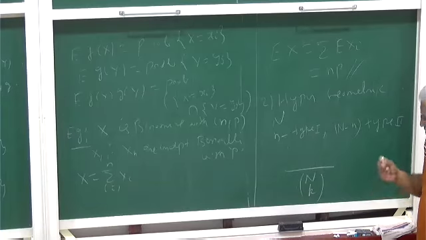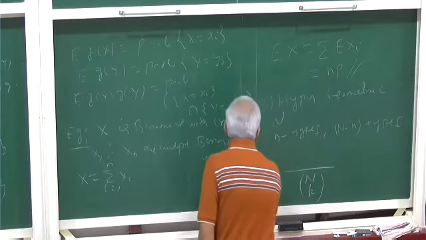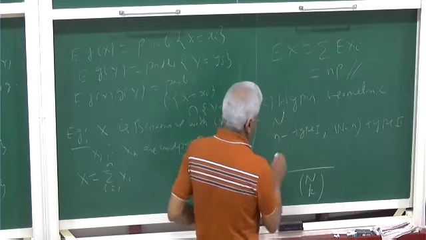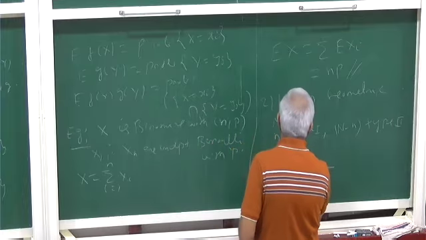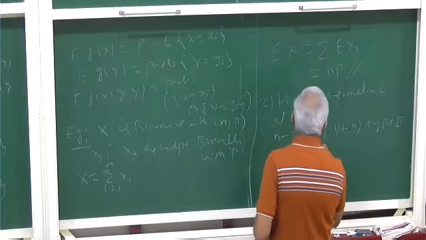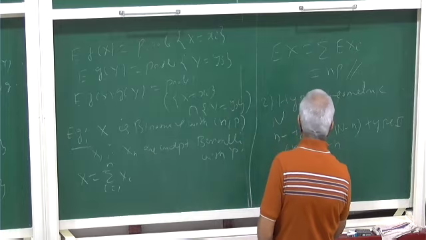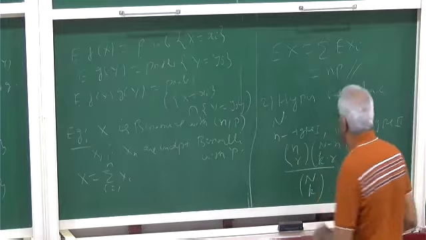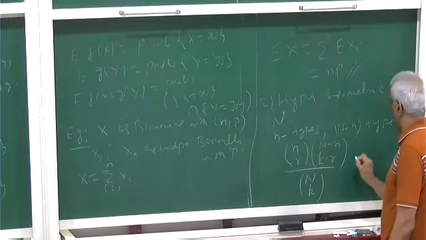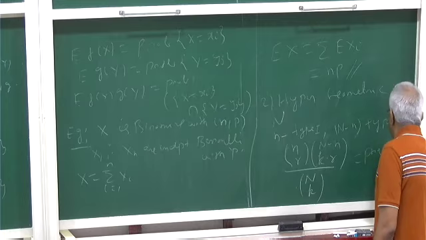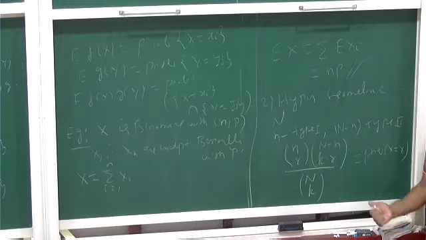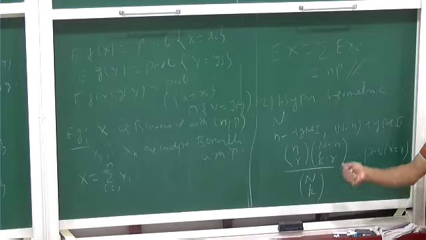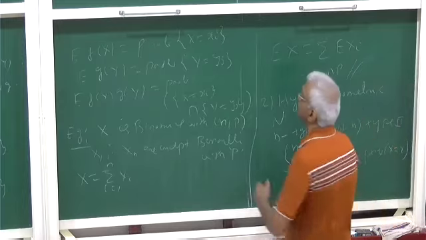The hypergeometric is to get type 1 r times, r of them. So out of n it should be r, and out of N minus n it should be k minus r. I think I have written it correctly. This is the hypergeometric distribution, the probability of X equal to r. We have already seen this. We need not even know this to compute the expectation.